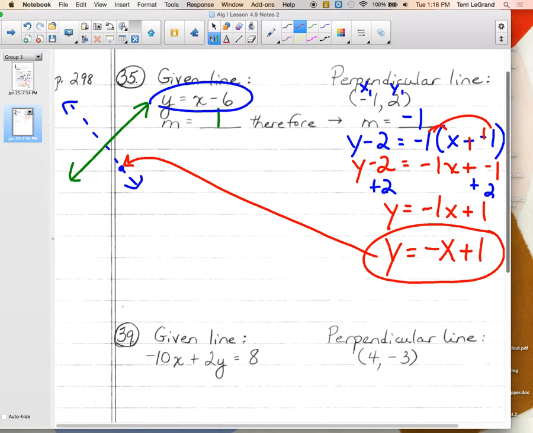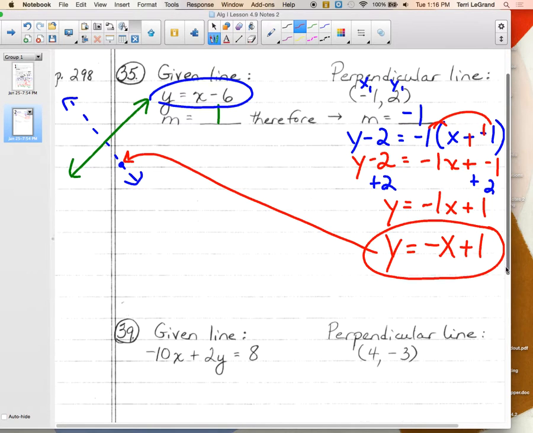They can have the same y-intercept. They don't have to, but they can. So that point where they intersect can be the y-intercept, or it can be some other point on the graph. We don't know where these two are going to intersect.